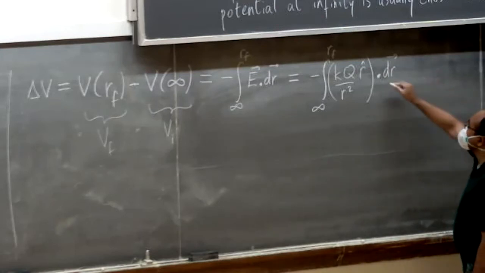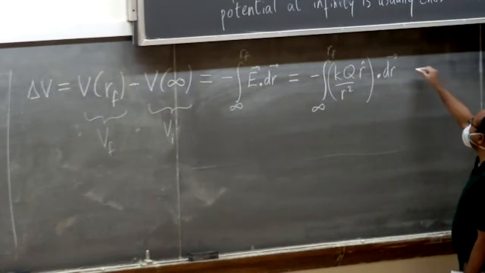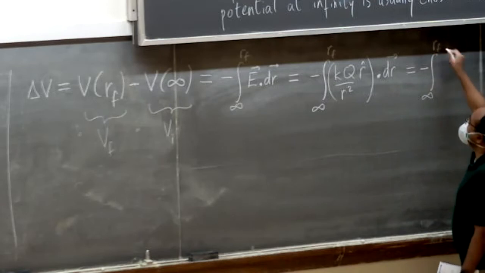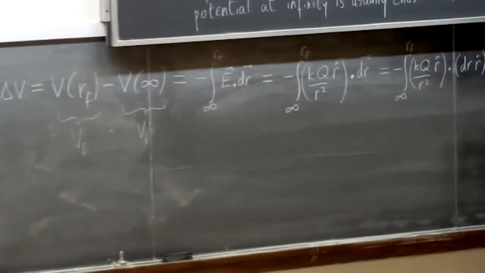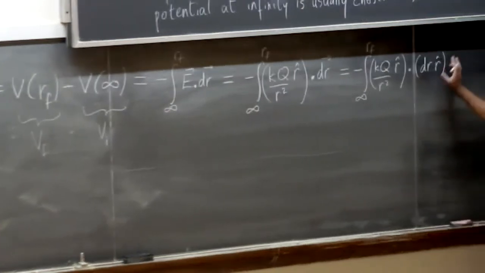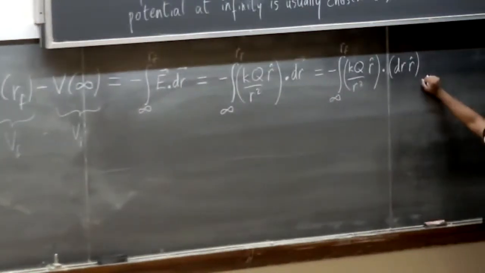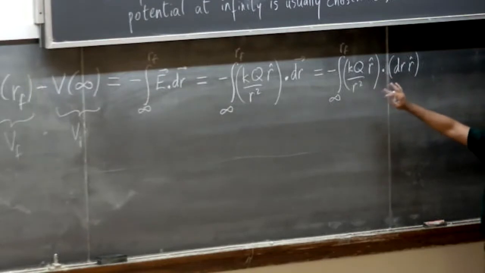This over here, the dr vector, you can write as the magnitude dr times r hat. So I'm using a little bit of polar coordinates here.